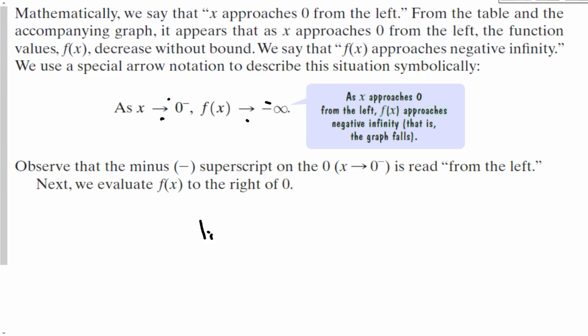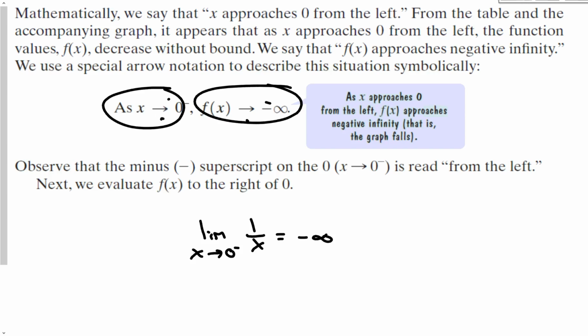So we can say the limit as x approaches 0 from the left of my function, which happens to be 1 over x, is equal to negative infinity. So basically all limit notation does is it combines this arrow notation and puts it together into one thing. Okay?